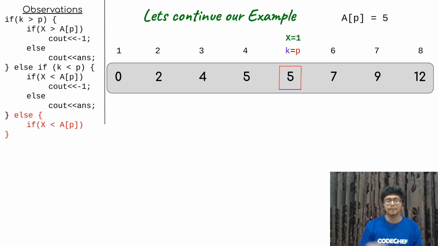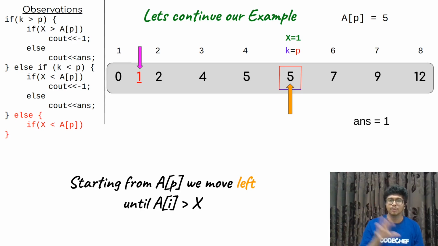Let's suppose that the value of x is less than a of p. Let's take the value of x as 1. Now you would do this in a similar way to what we have already seen in the first case. We take the value of x, virtually put it at the position, and then again start off from the a of p position and move to the left until all the elements we encounter are greater than x. If they are, we increment the answer variable by 1.